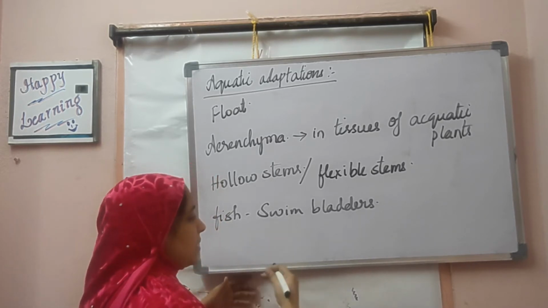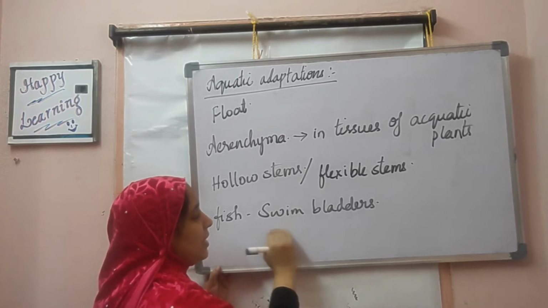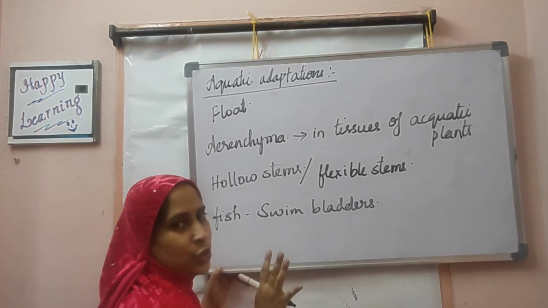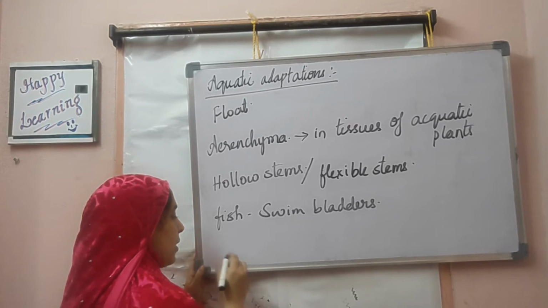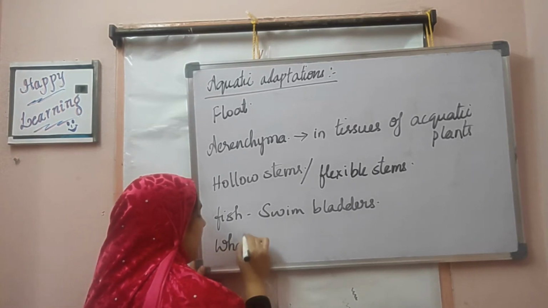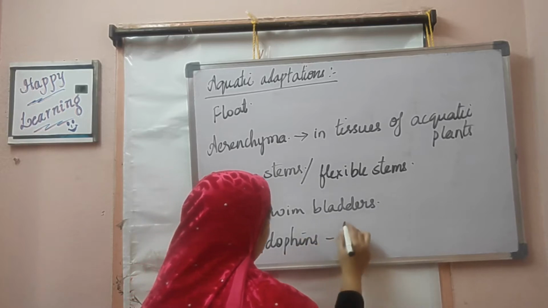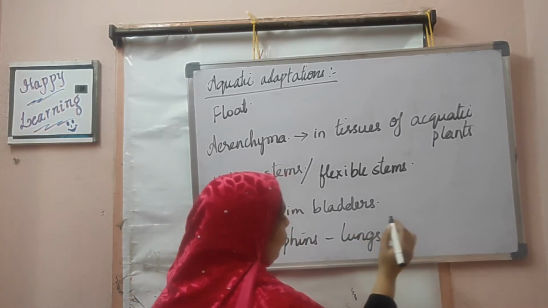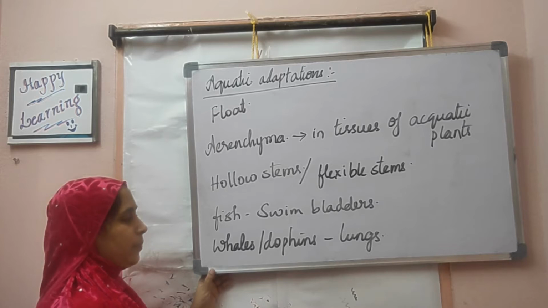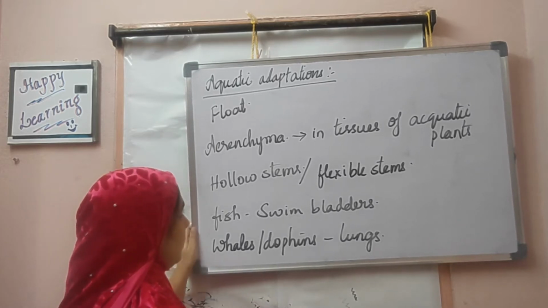Okay. So this we'll discuss later. Presently, understand that swim bladders help the fish to float in the water. And mammals like whales and dolphins have lungs that help them to float.